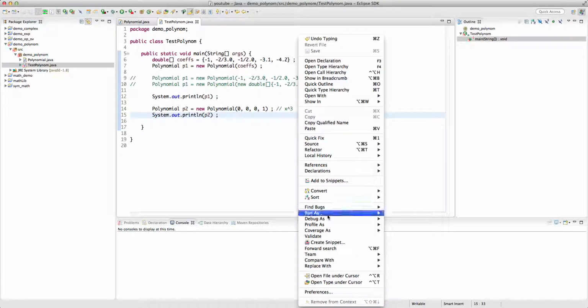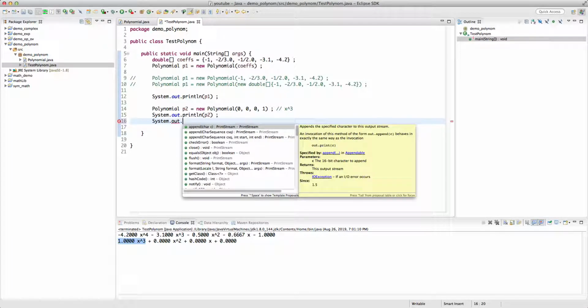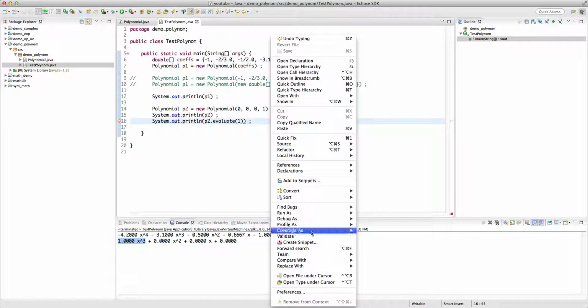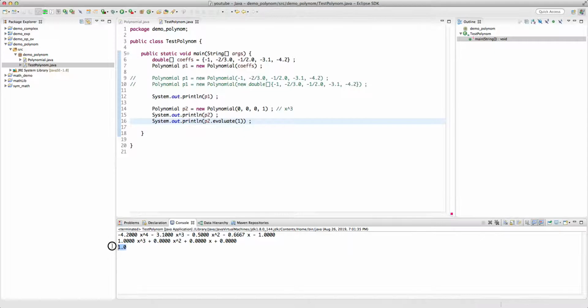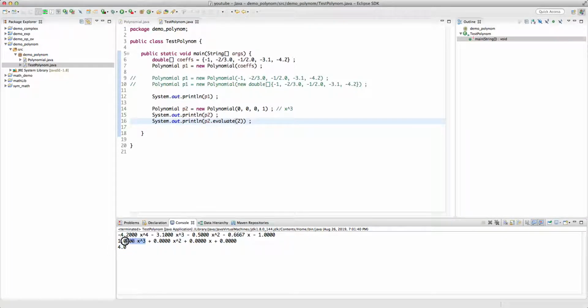Let's print the expression. It's x3, okay, and we are going to say system.out.println P2.evaluate at point 1, for example. So this should return 1. Yes. At point 2, this is going to return 8. And now it's returning 4.